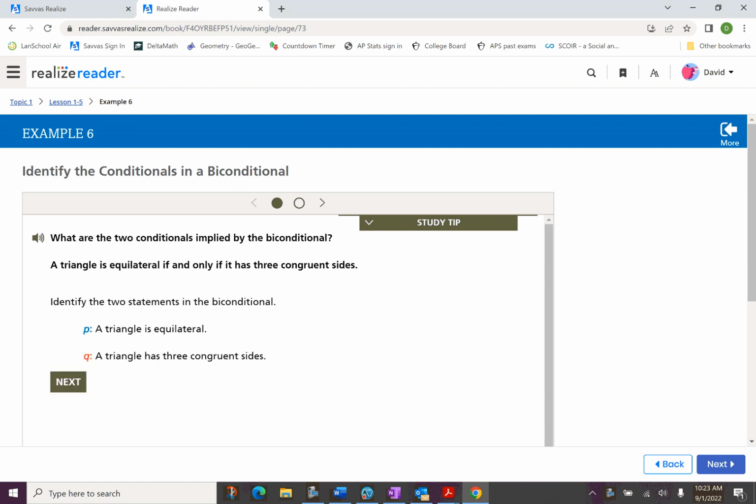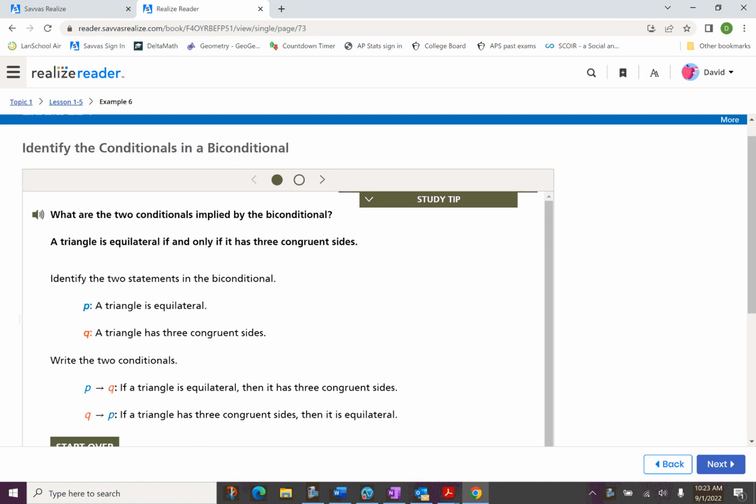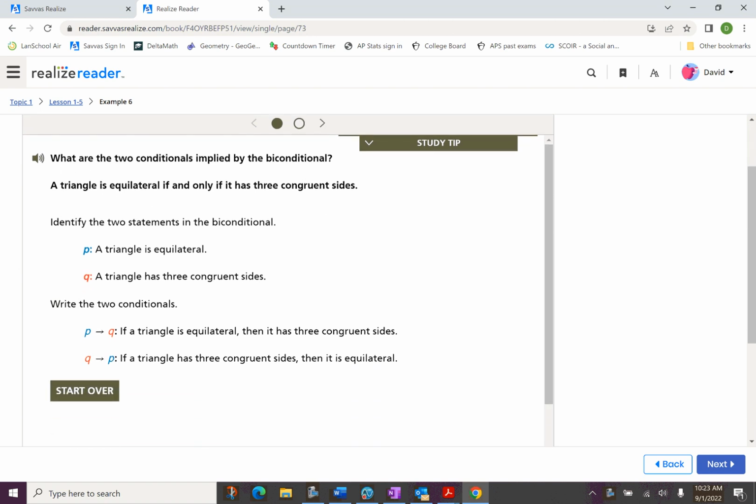The one idea is a triangle is equilateral. The other idea is that a triangle has three congruent sides. So we should be able to write a conditional. Notice here how we're again back to starting the sentence with the word if. We're back to including the word then.